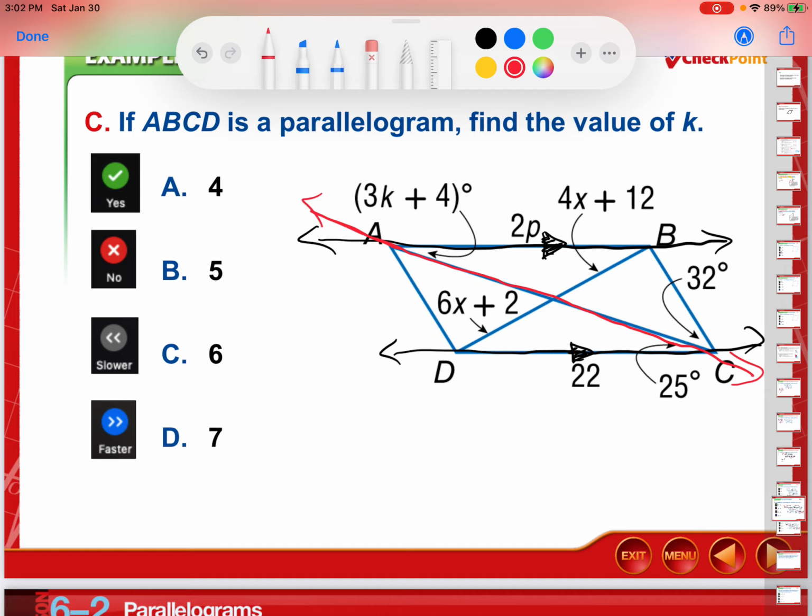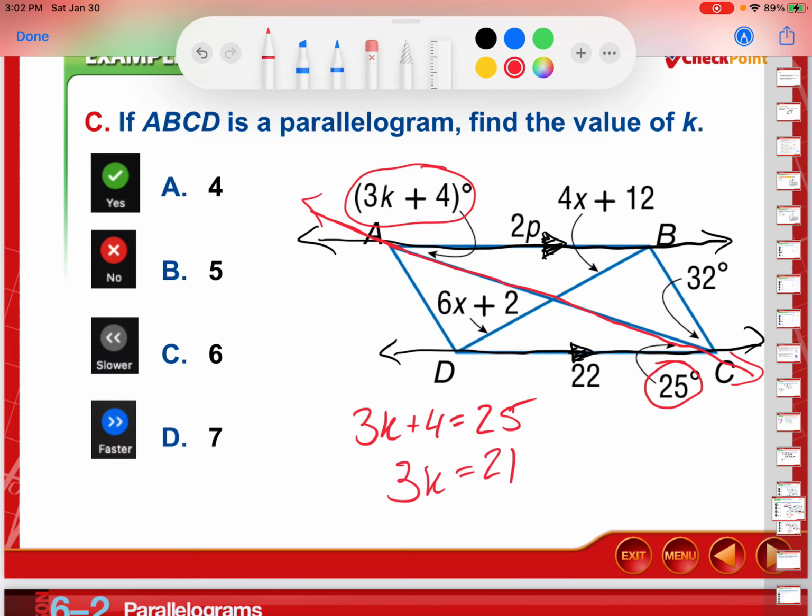Based on alternate interior angles again, 3k plus 4 is going to equal 25, since they are on opposite sides of the transversal and they both lie in the interior. So 3k plus 4 equals 25, 3k equals 21, which means k equals 7.